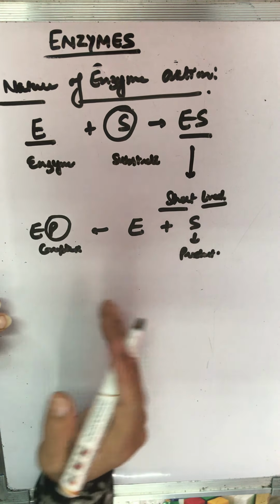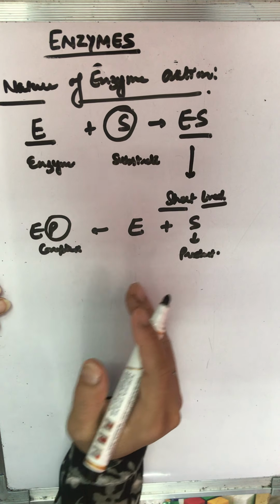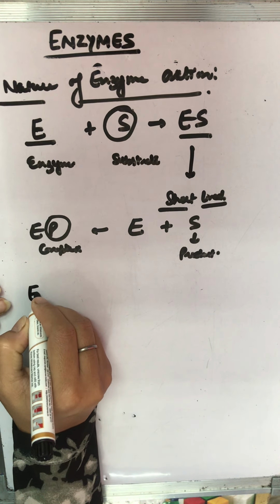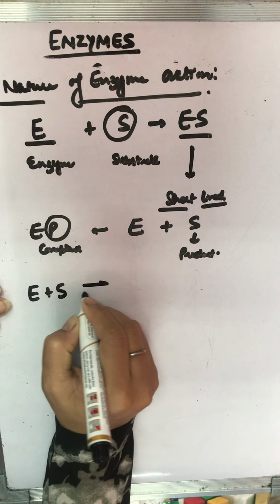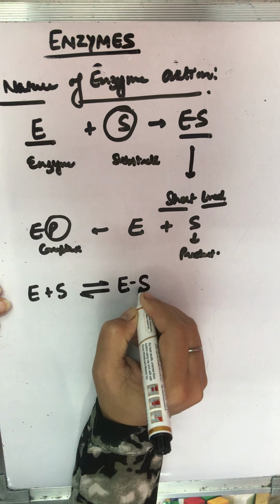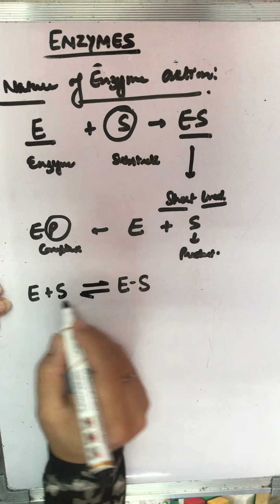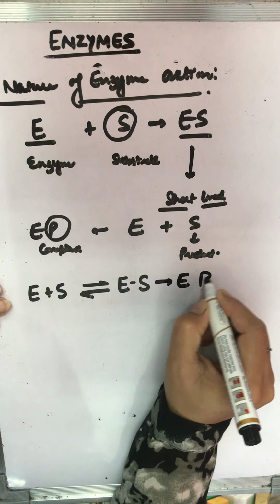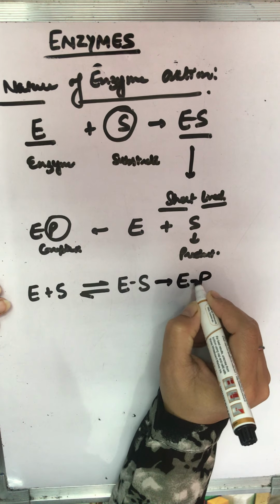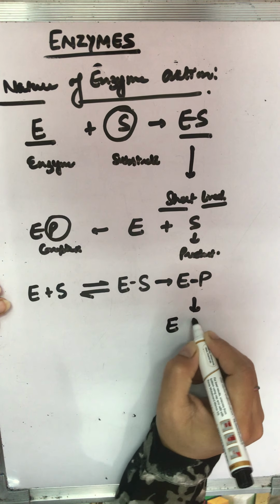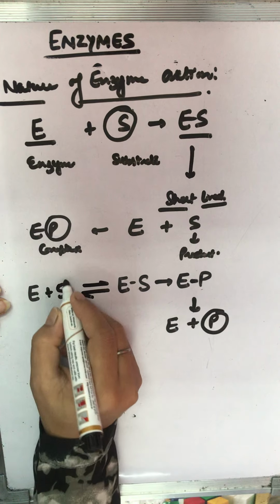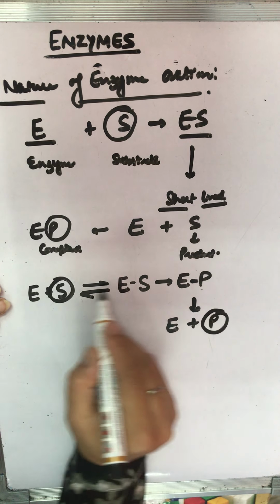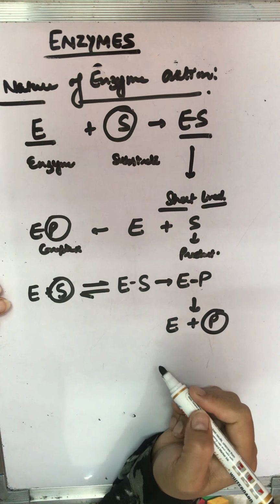The unchanged enzyme releases the product, and the entire thing is summed up like this: ES. Why? Because it is a transition state. It keeps on making and breaking new bonds. Then it forms EP. Right? Then E plus P. This is stable and this is stable. Here these are in the transition state itself.